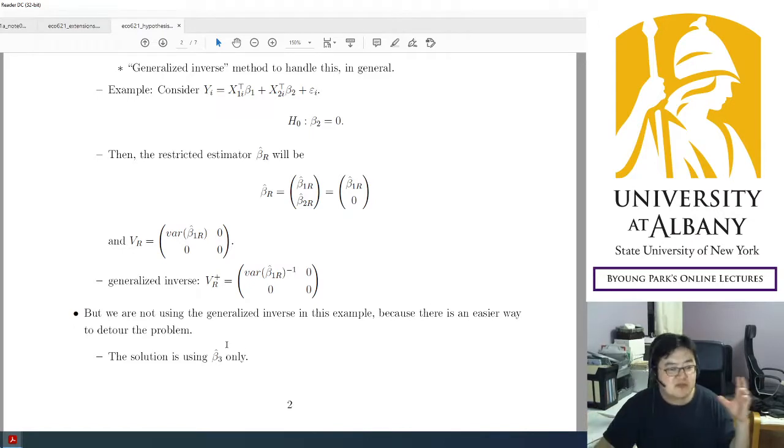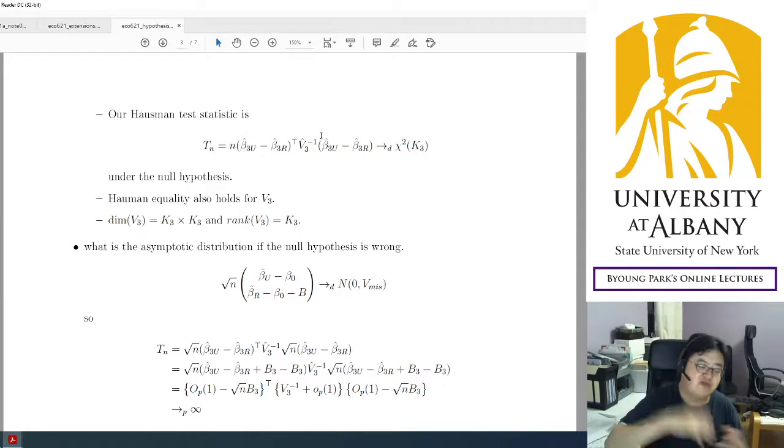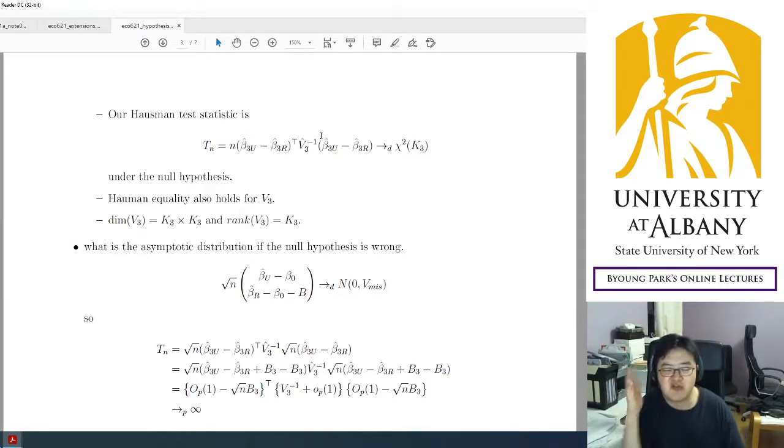Then it is only K3 dimension, so there is no invertibility issue. It must be full rank, so there is no problem. And this is another alternative. This must be equivalent to what we did with full beta. This is another way to avoid the problem and another way to understand what's going on here.